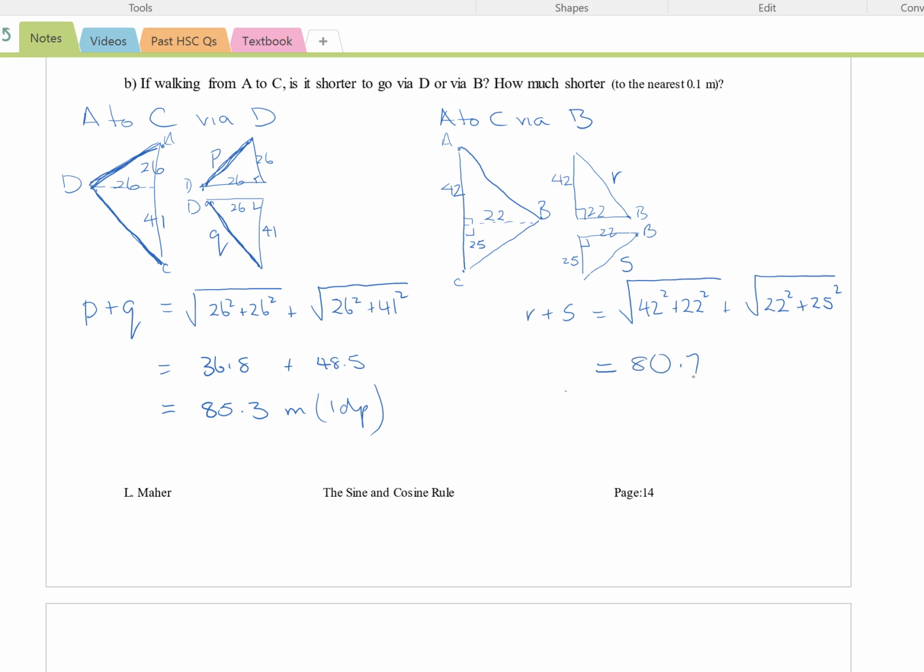So, what was the question? How much shorter? Walking from A to C, is it shorter to go via D or B?